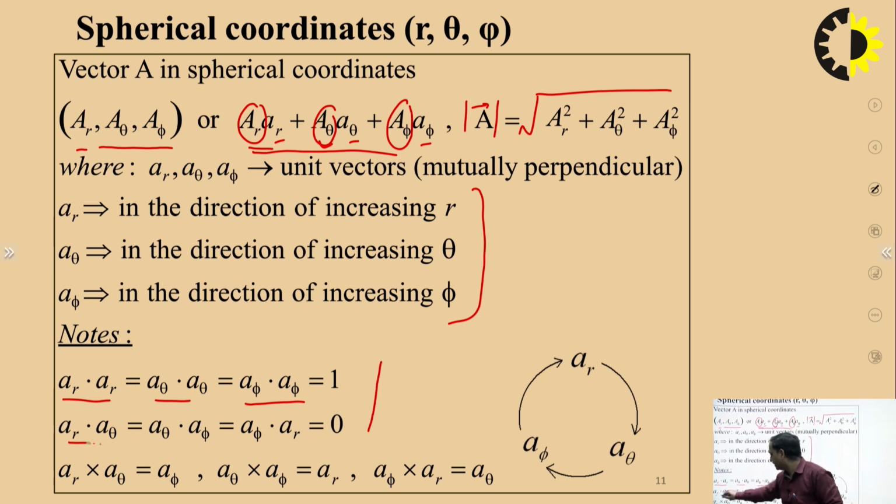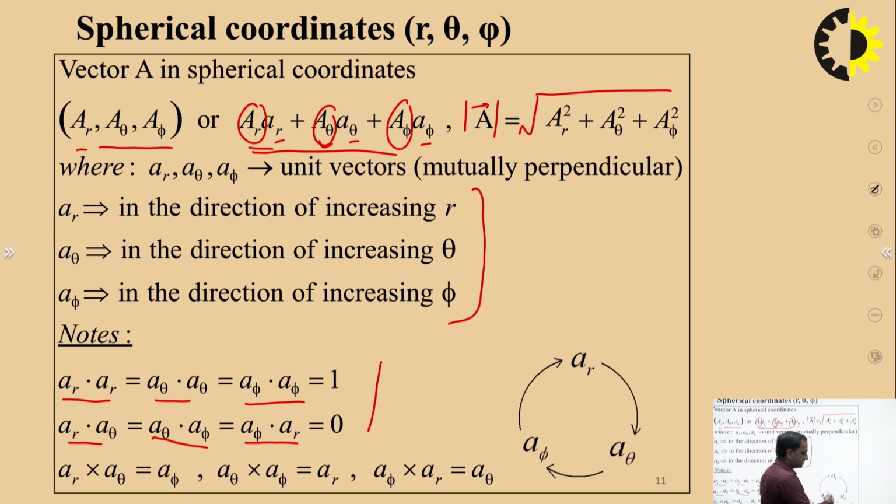So a_r dot a_theta, a_theta dot a_phi, a_phi dot a_r will be equal to 0. The cross products are in a circular fashion.